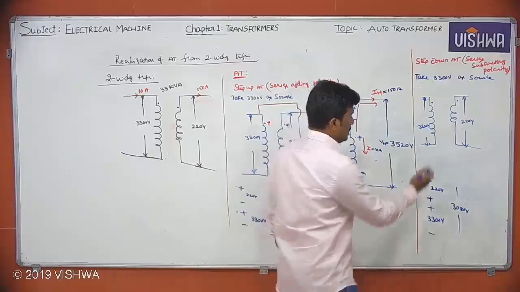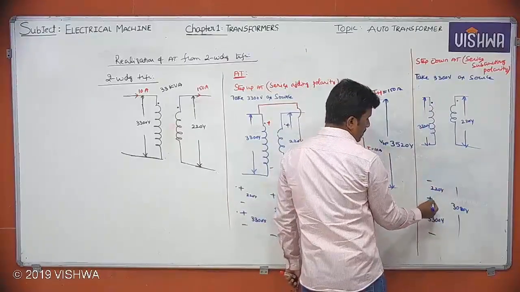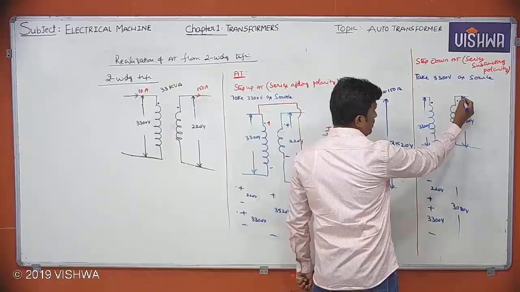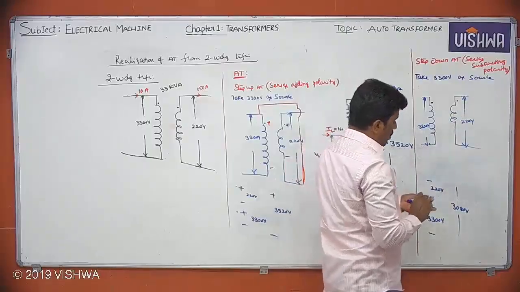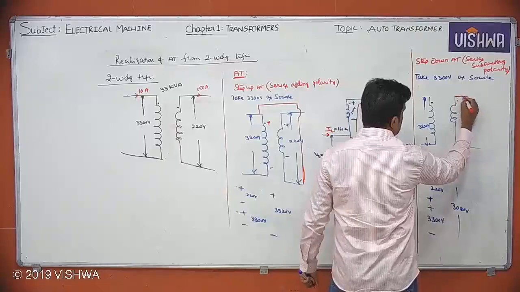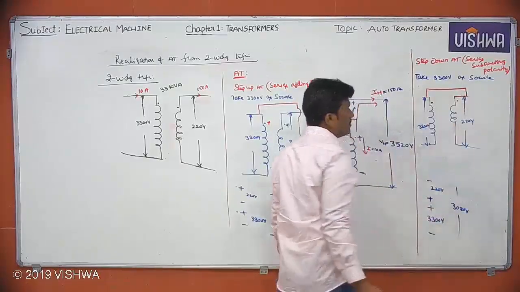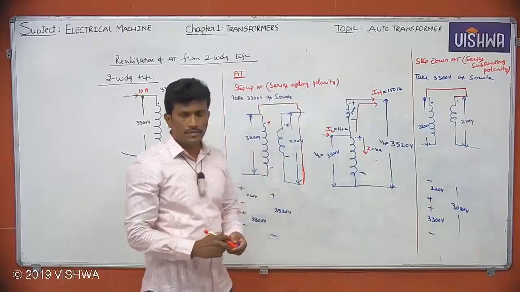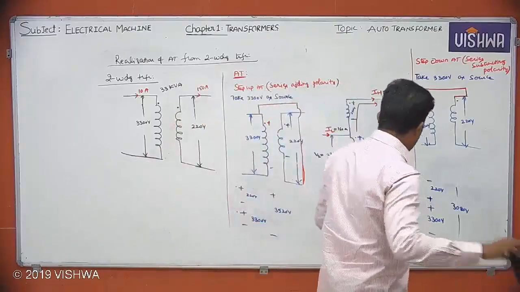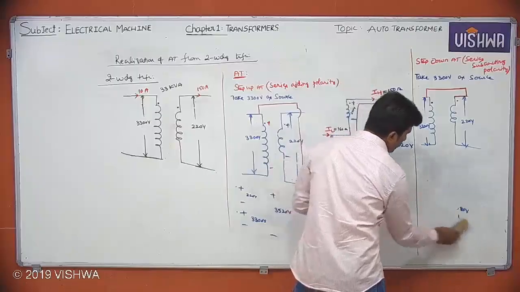So this is plus of your 3300, so it should be connected to plus of 220. This is the 220 volts winding. So this plus of 220 should be connected to this. That's it. Very simple. Now please try to redraw once again for understanding purposes. So I'm just going to erase this one.